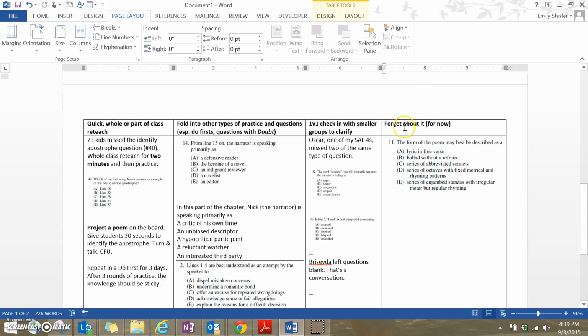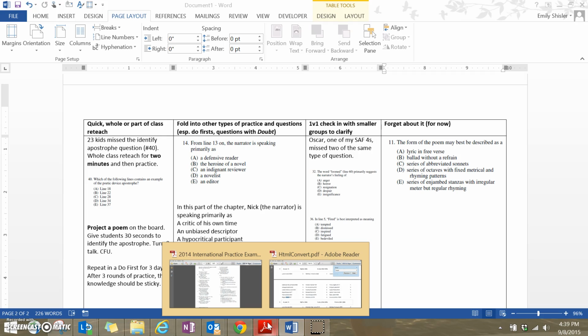So when I went through, here's kind of some of the thinking that I did. I'm going to actually start with the forget about it for now category. If you remember when I went through, it looked like almost every single one of my students missed question 11. The form of the poem may best be described as a lyric, ballad, sonnets, octaves, enjambed, la la la. All this terminology has my kids totally confused because, as we found out from Allison at the beginning of year, kids really didn't spend very much time at all on poetry in English 2.